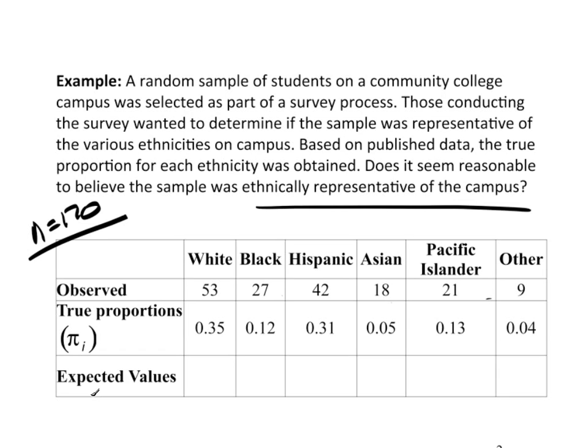So they're independent, and it's identical because I'm using the same random process. Now, each individual falls into one and only one category. Somebody is not going to say that they're both white and other. They're going to pick one. Now, obviously, there's a mixture of different races. But if you look at any college entry form where they have your ethnicities, you pick one that you most identify yourself with, so that's not a problem.